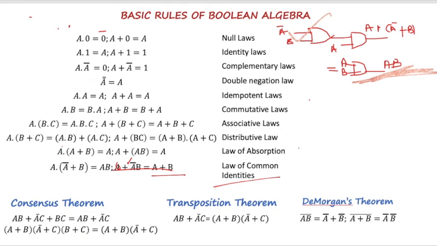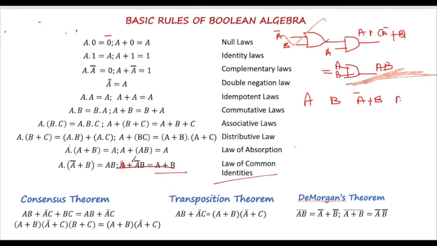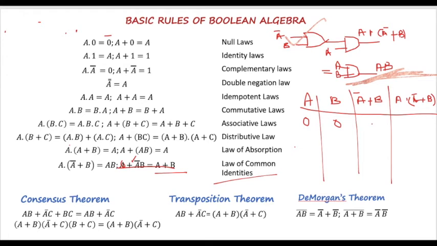Now A, B, A bar plus B, A dot A bar plus B. So here you can see this is the truth table, this is the output of the AND gate.